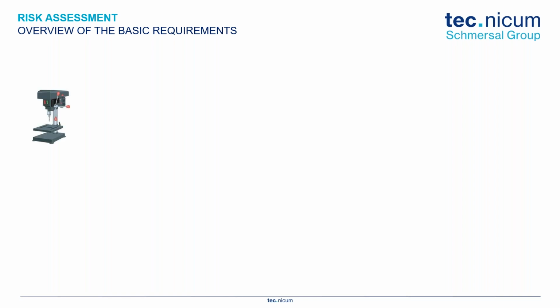But if we say, okay, let's look at a simple machine, a drill press, and let's go ahead and do an assessment on that. We'll go to the machine, we'll look at it, and we can see the point of operation. We can identify some moving parts, and we can say, yeah, there's some hazards associated with this machine, and we can go through that process, right? And what is that process? We'll get into that, but off the bat, we can say, yeah, we can identify hazards with this machine.